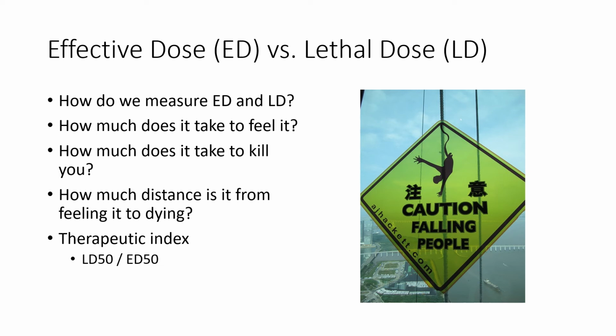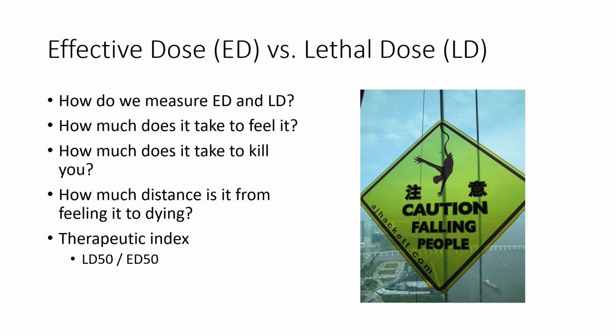Effective dose versus lethal dose. How do we measure ED and LD? Remember, in drug counseling, ED stands for effective dose. The effective dose is how much it takes before the user feels it, if it's a psychoactive drug, it changes the mood, or before it does what it's supposed to do. The LD is how much it takes to kill you.